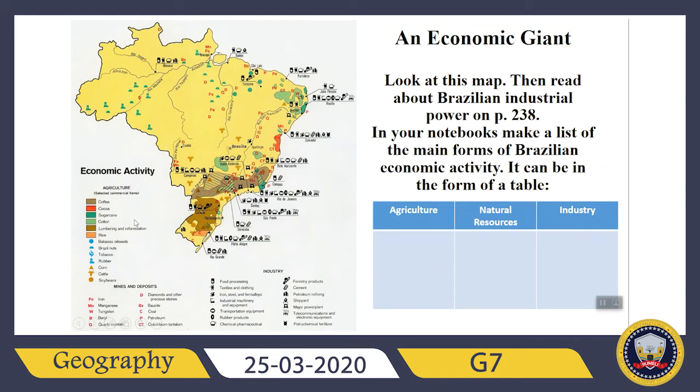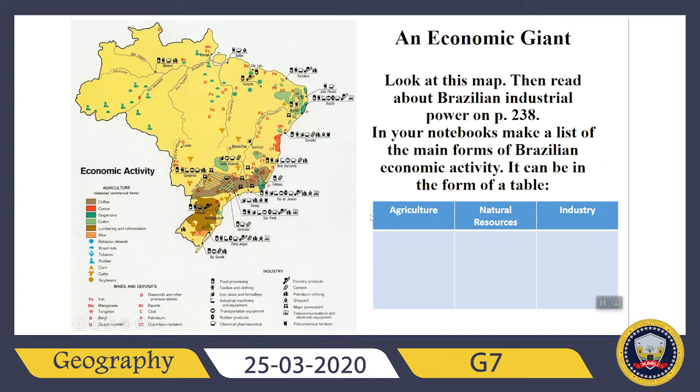Then also in agriculture you can write cocoa beans, chocolate, right? And this is the area famous for chocolate. And also you can see rice here, and rice grows in this part of Brazil, and on and on.